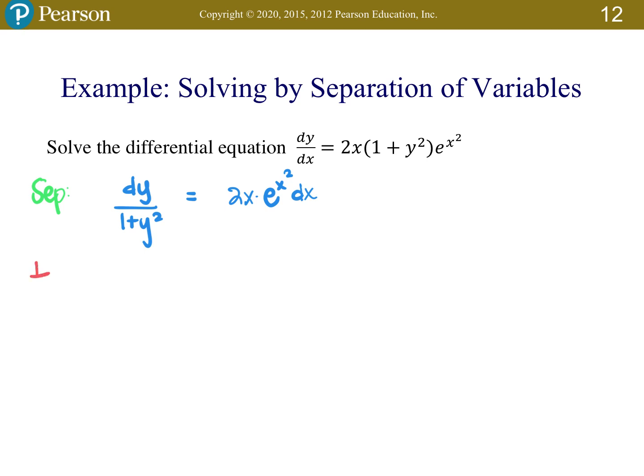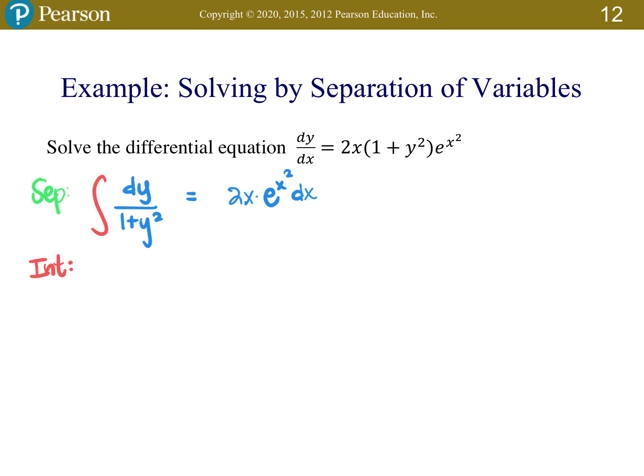All right. Okay, Julie, your one line of calculus. Pick one side. You don't have to do both. Do you want to integrate the left side or the right side? Left. All right, she wants to do the left side. Okay, what is the antiderivative of dy over 1 plus y squared? It is something inverse.